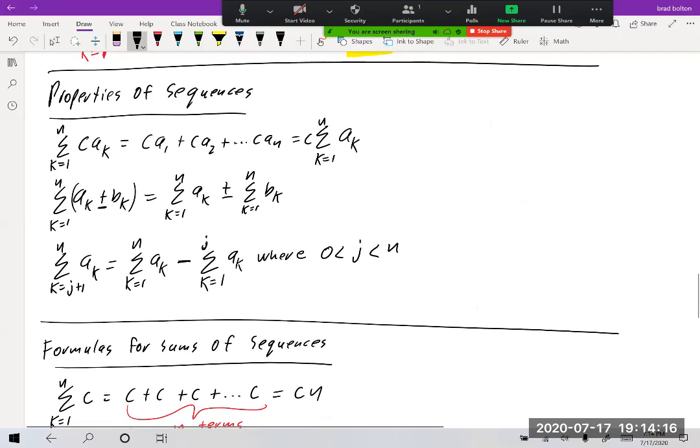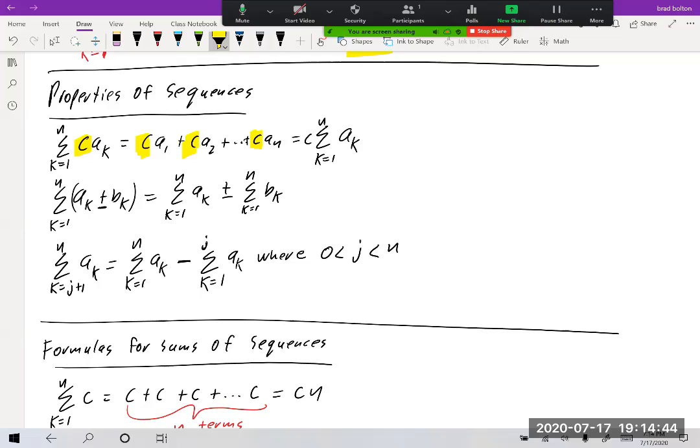All right, so now we have properties of sequences. So again, pause the video, take a minute to write all of these down. Okay, so now that you've written these down, here's the thing: this is a constant C, and since the summation is just addition, you're going to say C times A sub 1, C times A sub 2, C times A sub n, and so on.